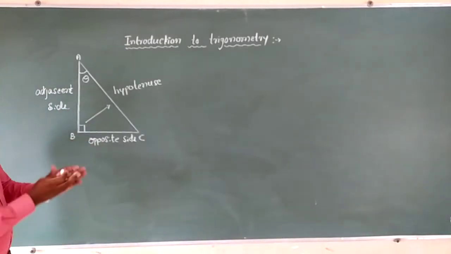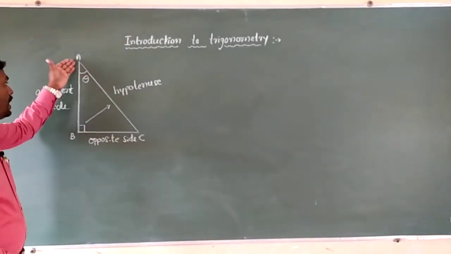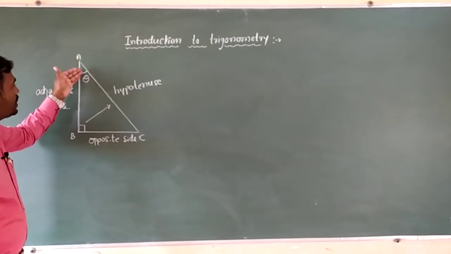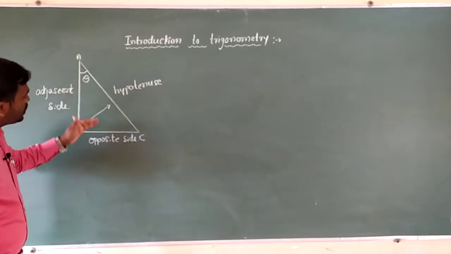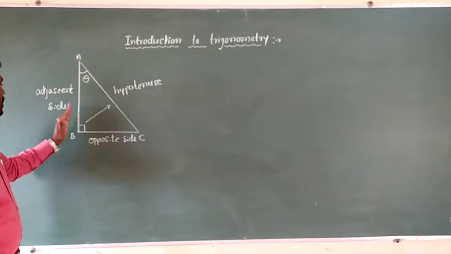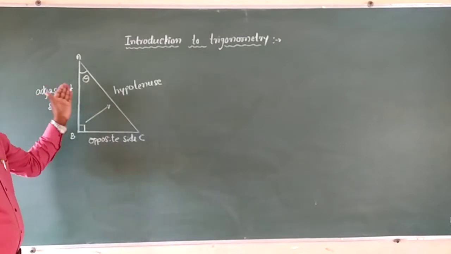Is that clear? So theta's opposite side is BC, and AB is the adjacent side.